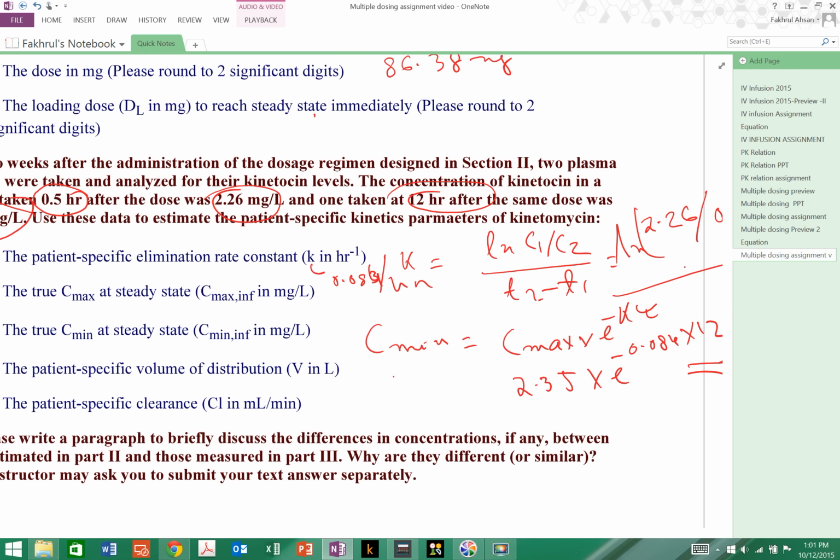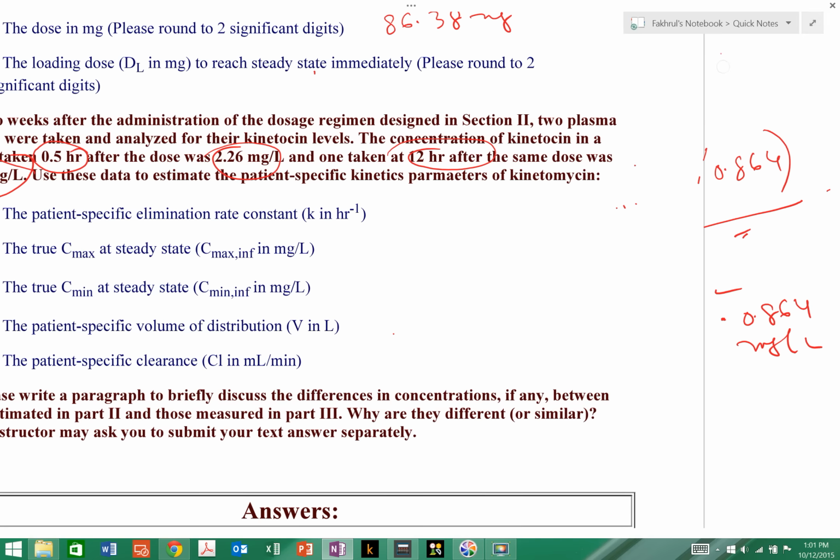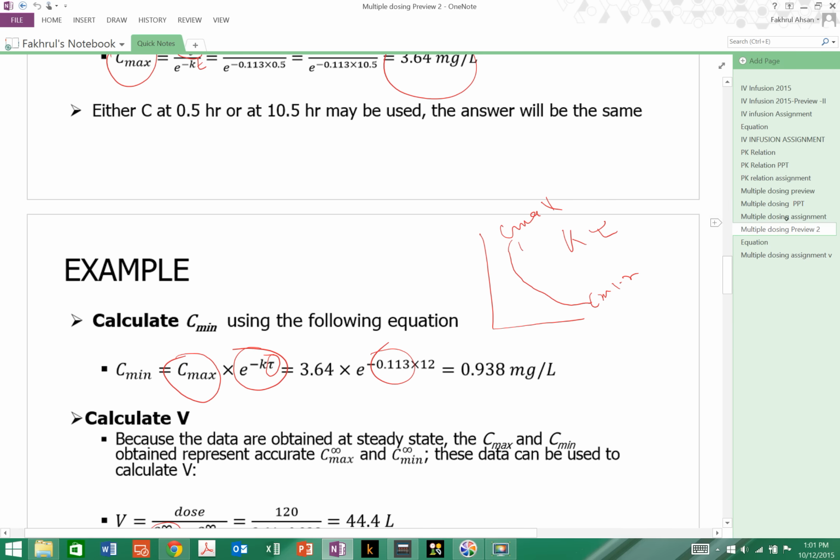So now it is asking for patient specific volume of distribution. What are the Cmax and Cmin in this case? Our Cmax was 2.356. Our Cmin was 0.864. And for volume of distribution, we have an equation in multiple dosing.